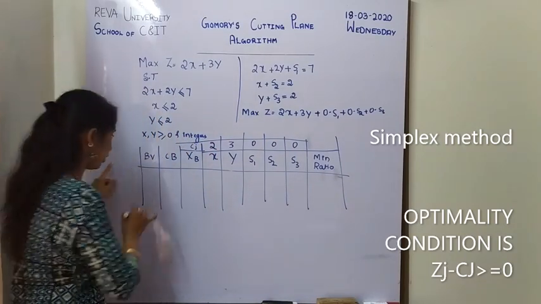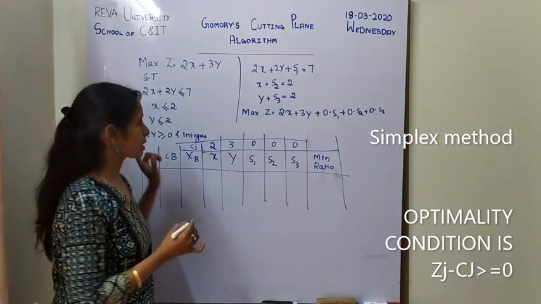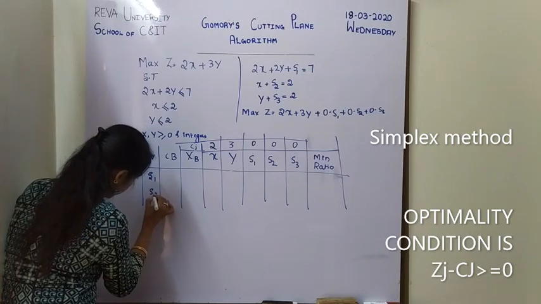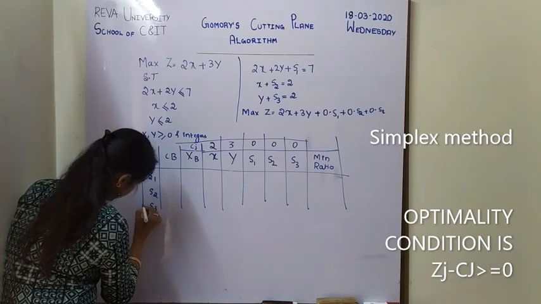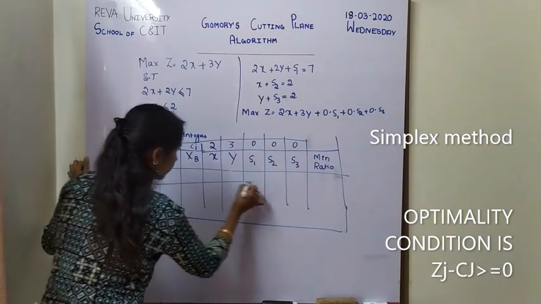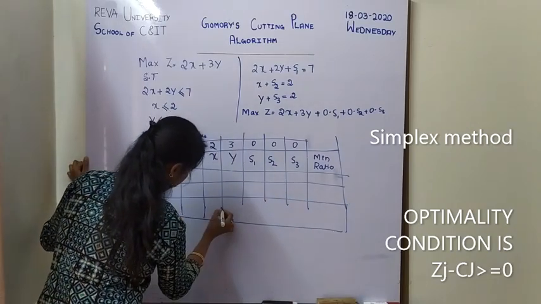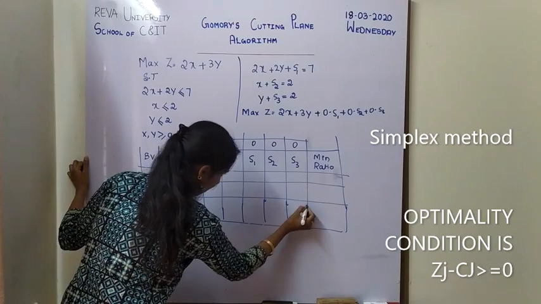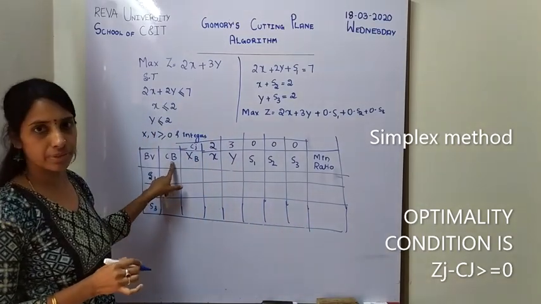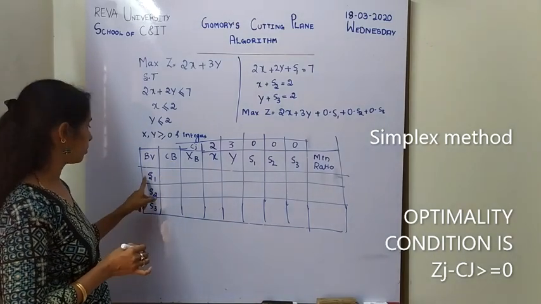Fill the table here. BV indicates the basic variable. Here the basic variables we are considering are the 3 variables S1, S2, S3. Now CB indicates the corresponding coefficients of these basic variables.